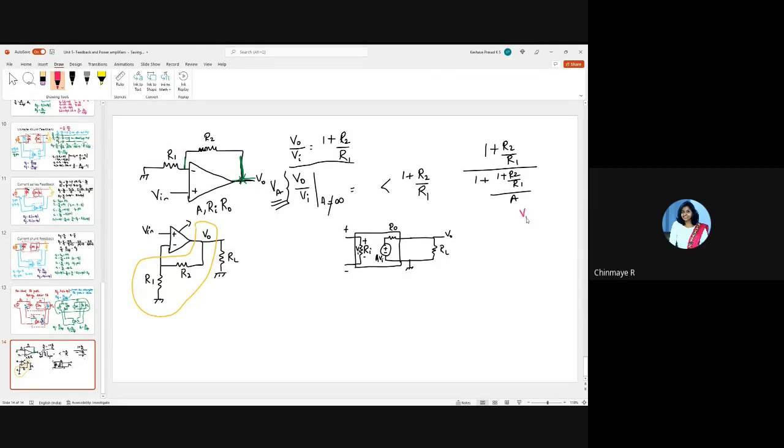You have V0, okay? And then you have R2, and then you have R1. You have an R2 here. You have an R1 here. And this is fed back to the inverting terminal of the amplifier. Correct? So basically, this is a voltage divider.